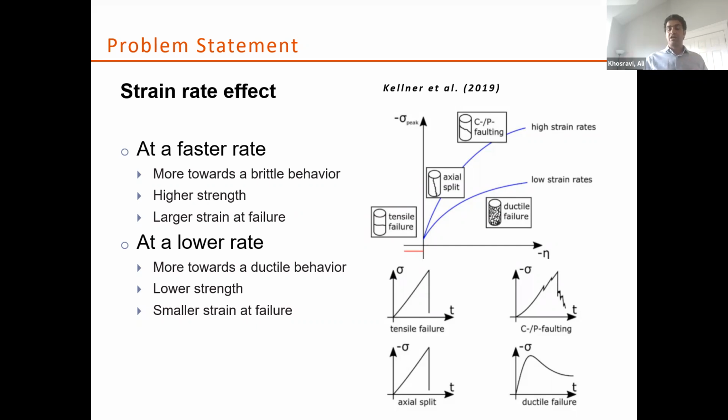However, at a lower rate, behavior is more ductile. We're going to have a lower strength, and strain at failure is going to be smaller. So it's important to use a strain rate mimicking the conditions we have in the field for testing.